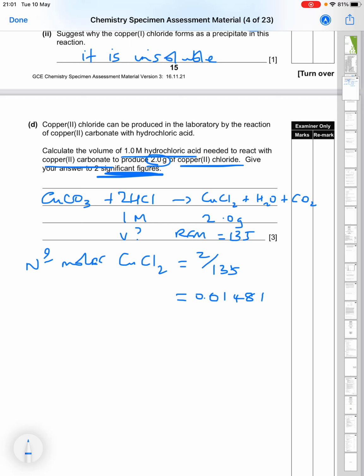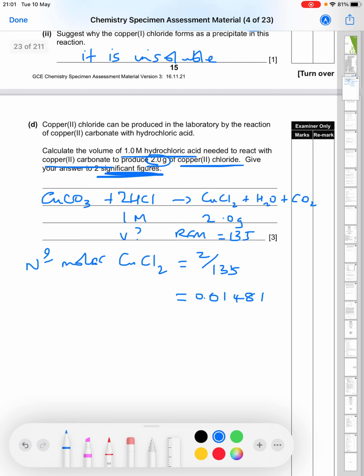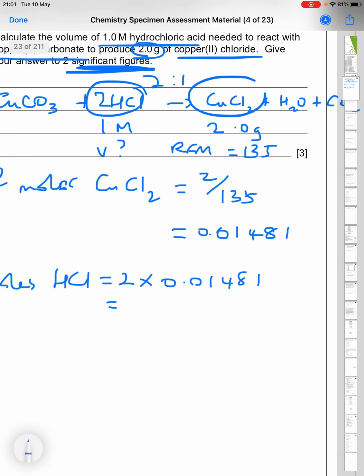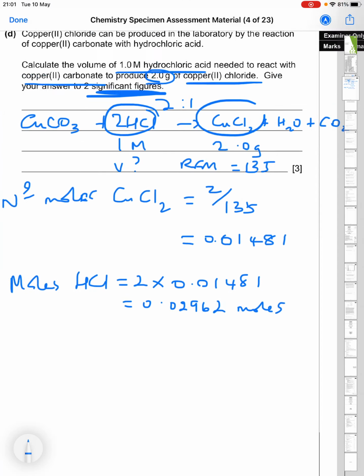So the HCl to copper chloride here, we have 2 moles of that and 1 mole, so it's a 2 to 1 ratio. So for the moles of HCl, it's 2 times 0.01481, which is 0.02962 moles.